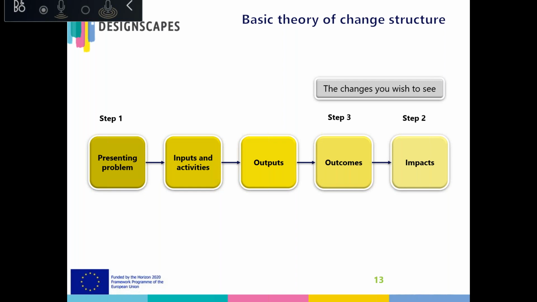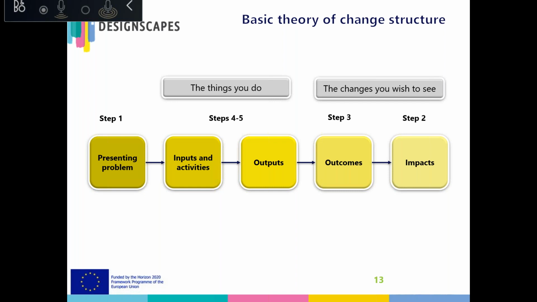Now that you've articulated the changes, you're ready to think about how we will get there, and articulating what you will do. This might be the simpler phase of your theory of change because it relates to quite tangible things. Normally you start with the outputs, and outputs relate to your project deliverables.